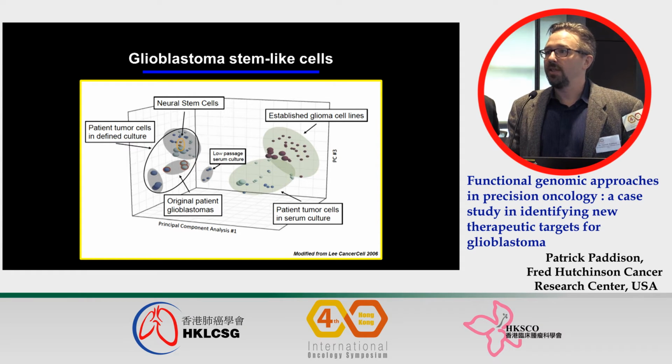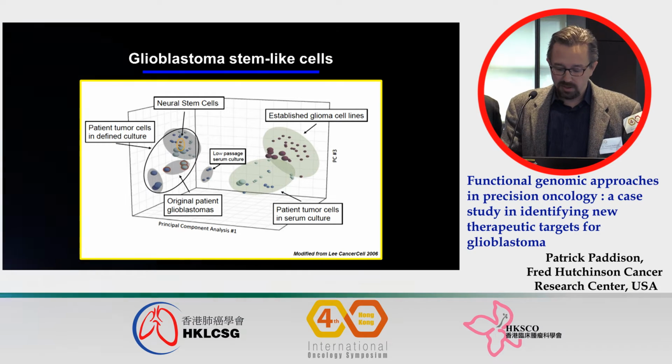And as you grow these guys and isolate them in serum, they actually start segregating away from the original patient tumor and start segregating towards the garden variety glioblastoma cell lines that are more sort of similar to HeLa cells.